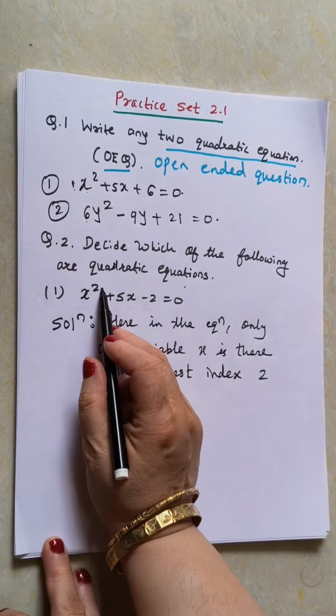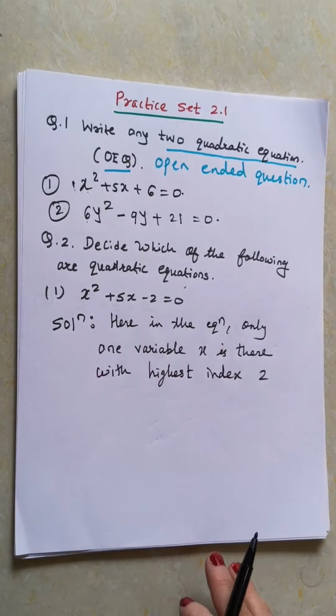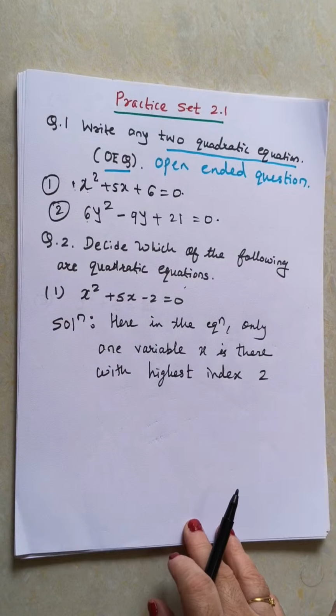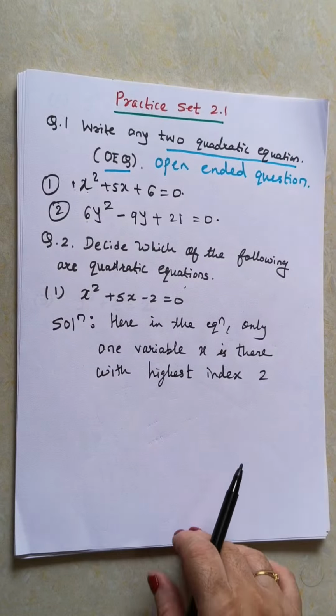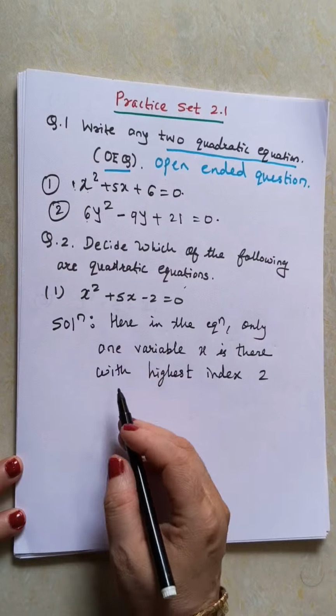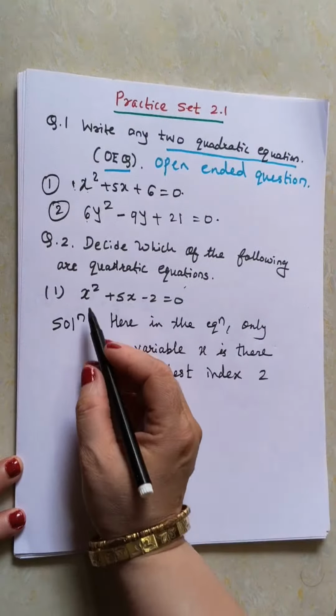You can see x square is there. So what is the index here? That is 2. So the index is 2. And see here what is a?